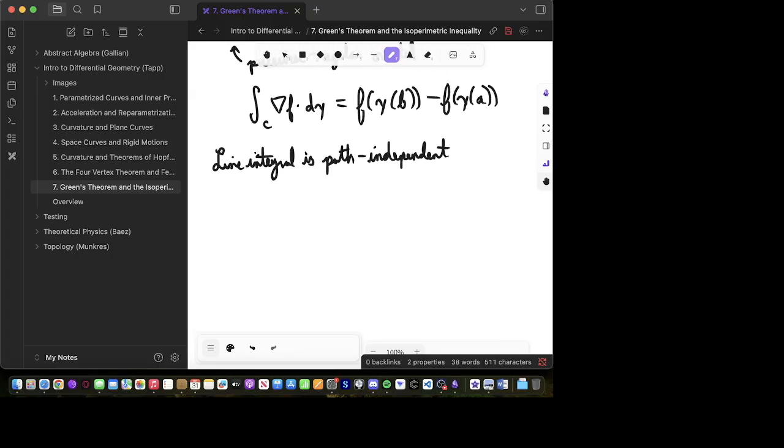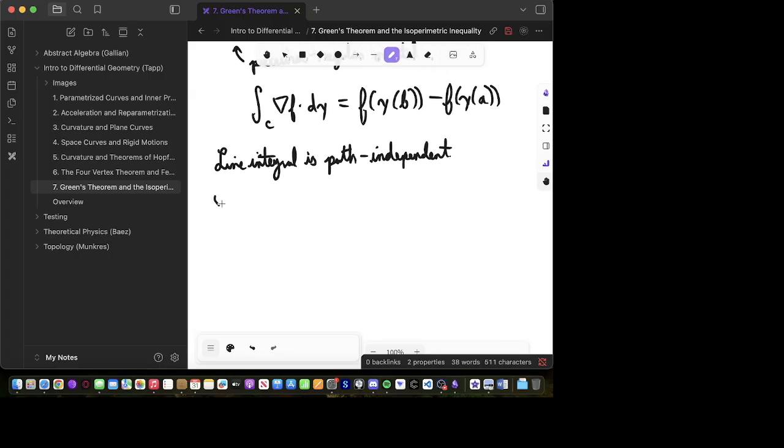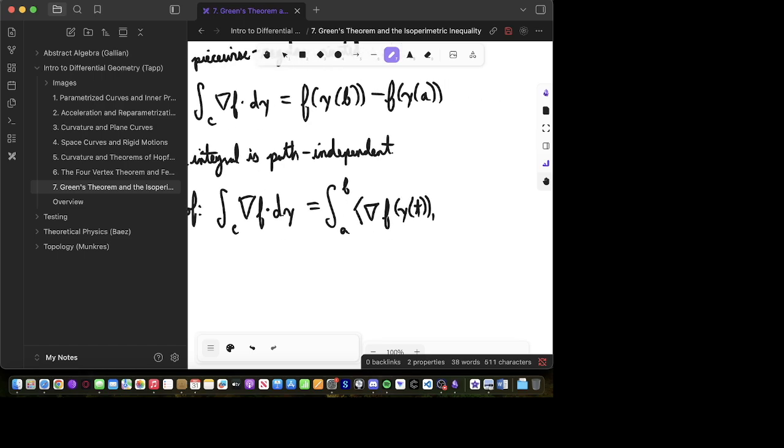So the proof for this is pretty short. We start out with this expression, and by the definition of a line integral, we have the integral of the gradient of f at gamma of t, dotted with gamma prime of t, dt.